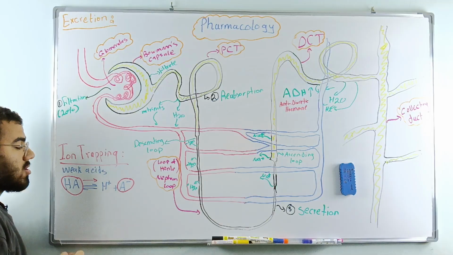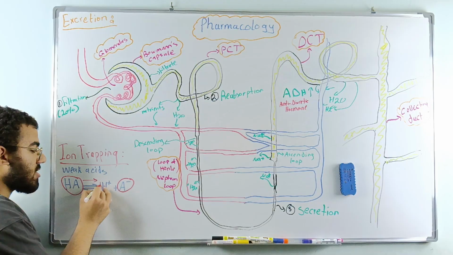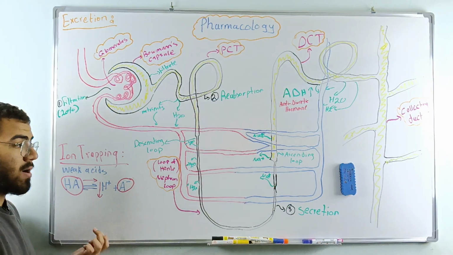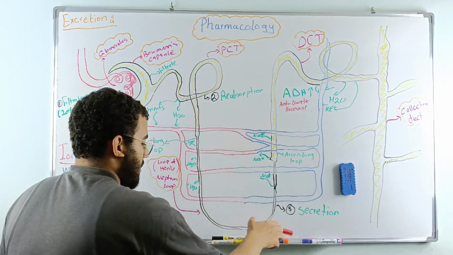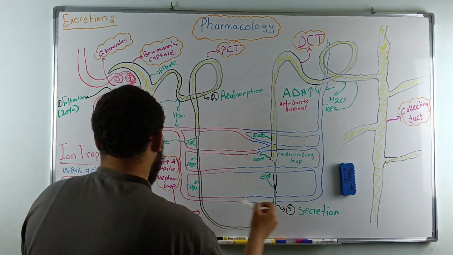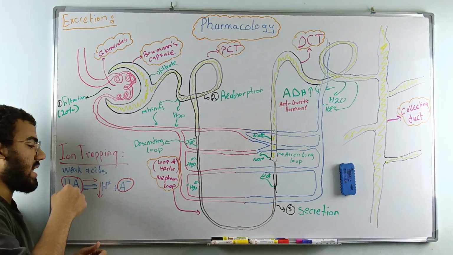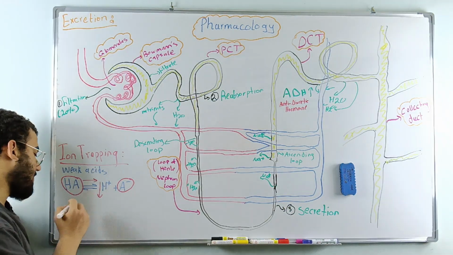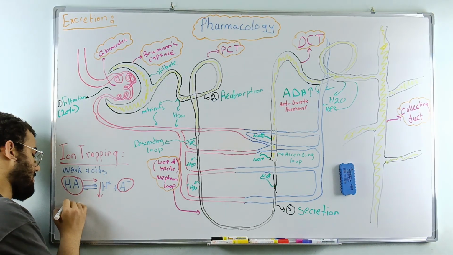We need to decrease the protons, and decreasing the protons means that we need to add something alkaline, something basic, because something basic will decrease the proton concentration, the acidic concentration, of this weak acid. So it will not get reabsorbed easily. So we will add something like, for example, in this case, sodium bicarbonate.